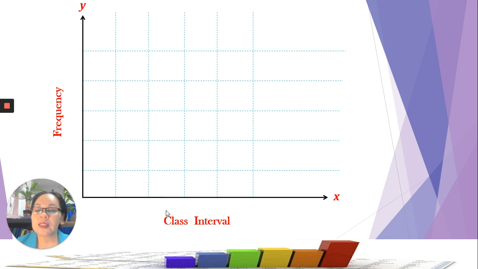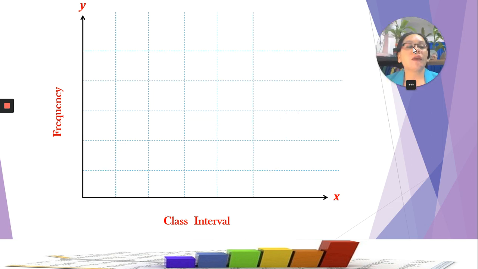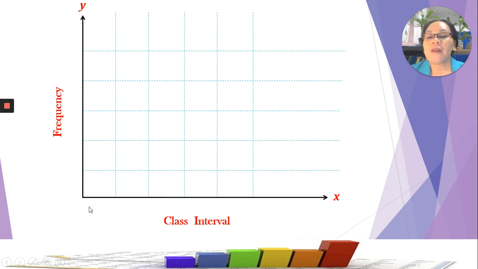Then let's label your graph here. So for class interval, you have 0 to 5, and then 5 to 10, 10 to 15, 15 to 20, and then 20 to 25. Then we will have your frequency.